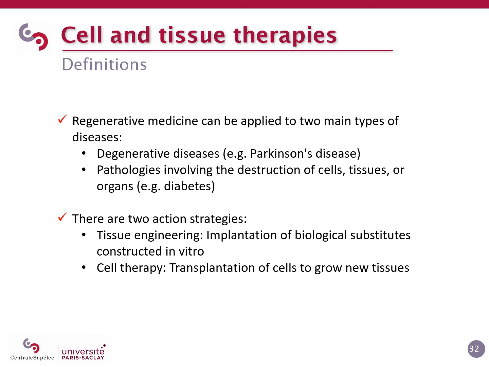In order to achieve such applications, there are two action strategies. The first strategy is tissue engineering, consisting of the implantation of biological substitutes constructed in vitro, and the second is cell therapy, consisting of the transplantation of cells to grow new tissues.